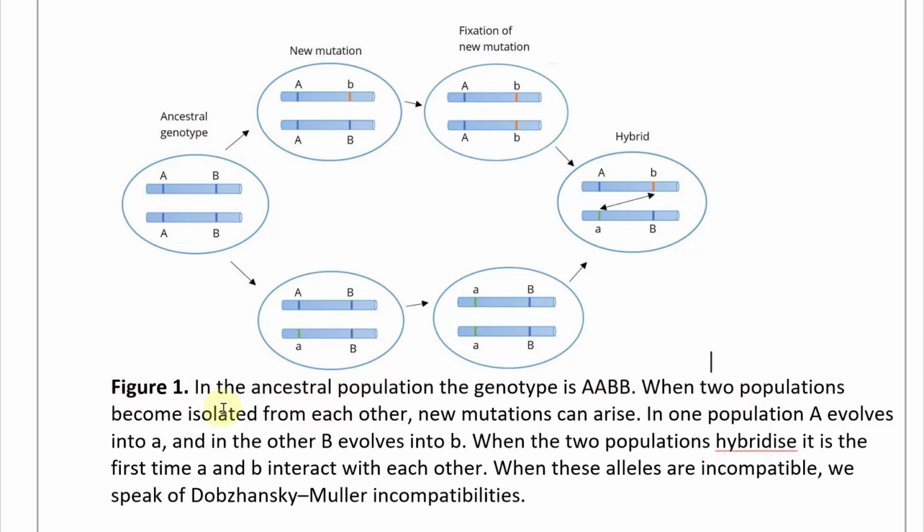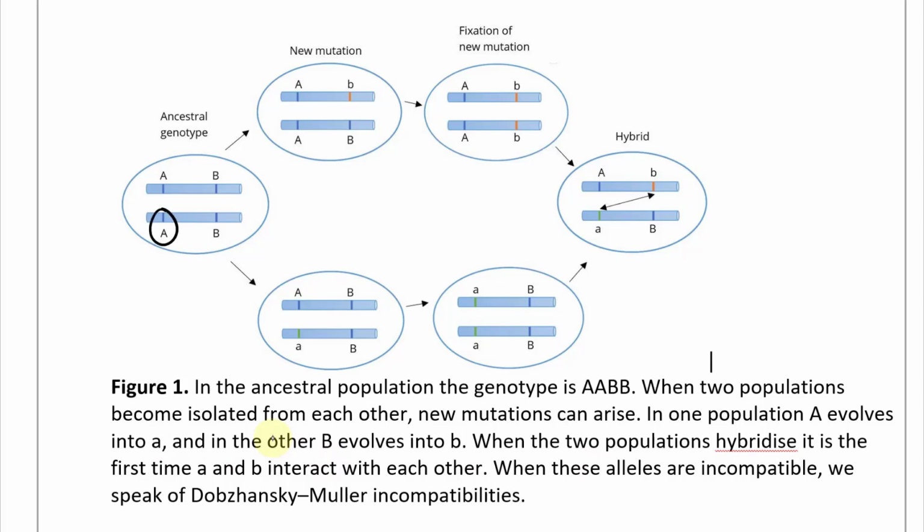When two populations become isolated from each other, new mutations can arise. Let's say there's a mountain here, and now they're separated. So you have one on one side and the other on this side, and they're not getting close. In one population, capital A evolves into small a.